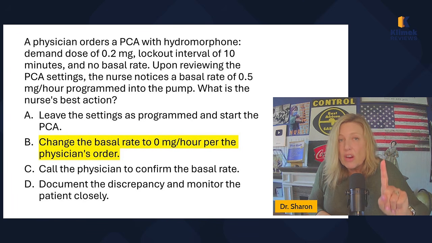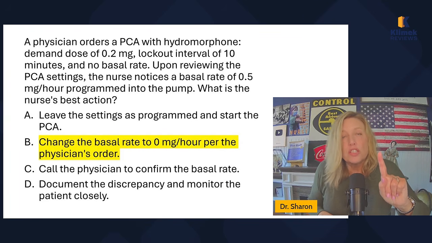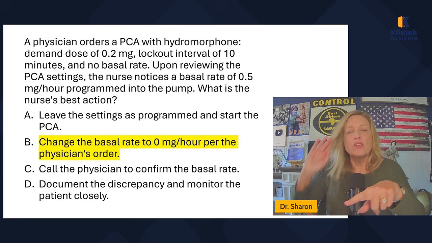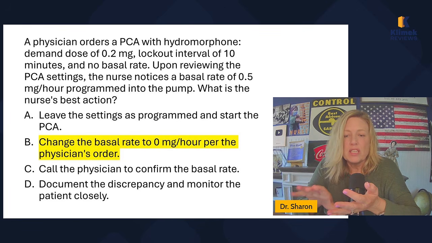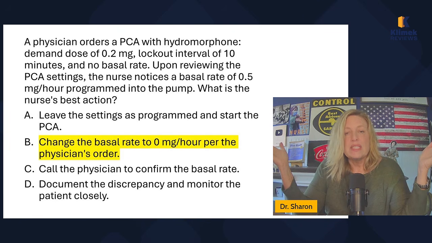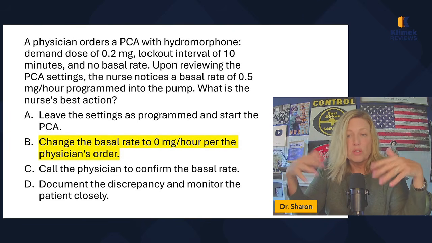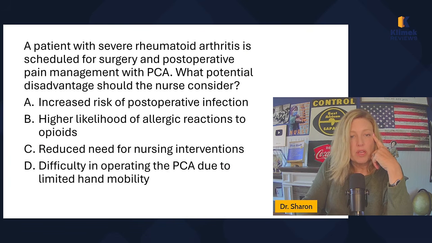Now you clarify an order when there's an error in the order being written, but there are no errors in the order being written here. There's no unapproved abbreviations. There's no 0 after the decimal point, right? There's no reason to clarify this order. There's certainly no reason to question the order. And so we need to follow the order, and that's why we're going to do B.